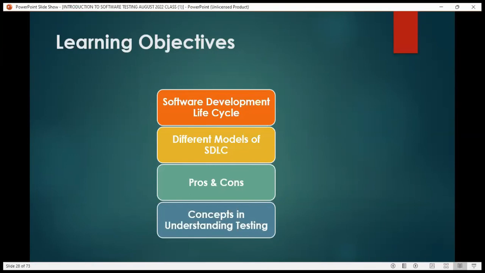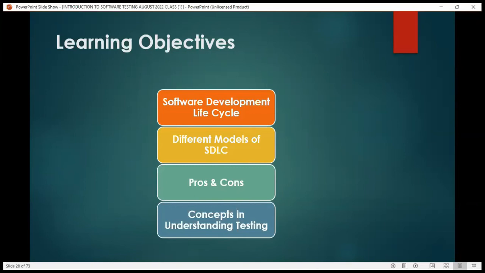And also, we've got STLC, software testing life cycle. This is the development life cycle, the general one. Now we've got the life cycle of testing. So how we test, the different phases of testing, the levels, all these are embedded in it.